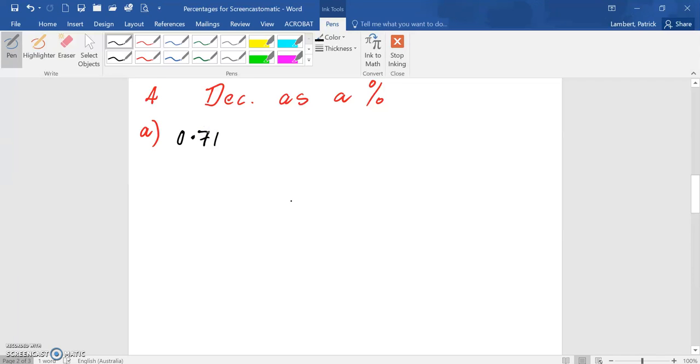Now we know that that's really 71 out of 100, 71 over 100. So we know that's going to be 71%, because you just multiply it by 100, which is the same as shifting the decimal point 2 places to the right. So it equals 71%.